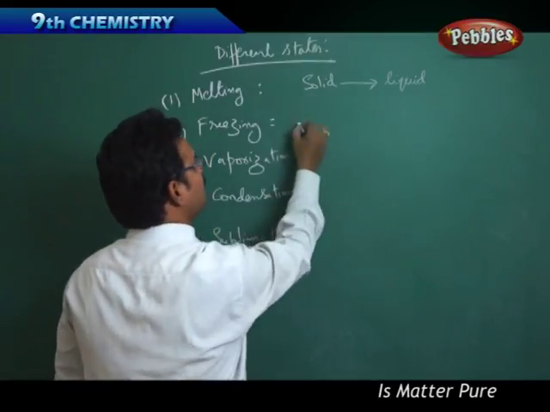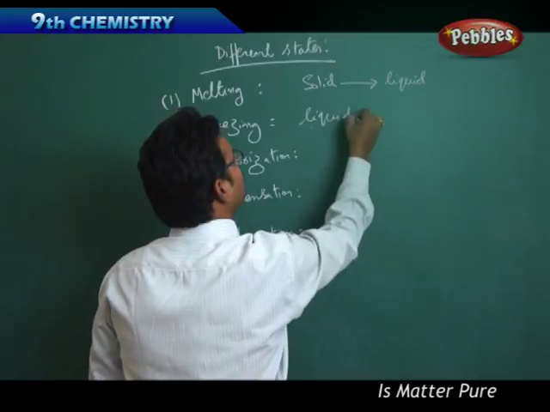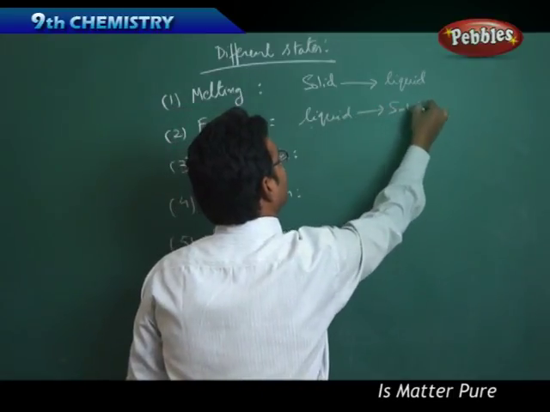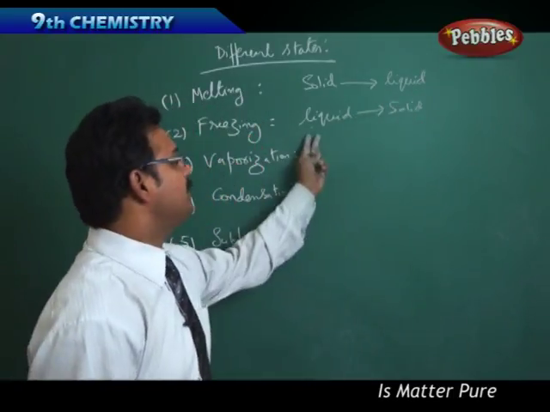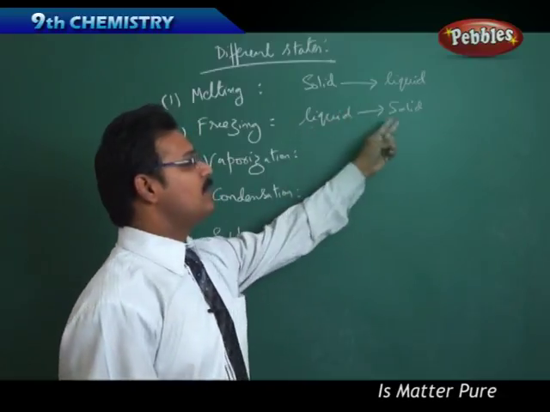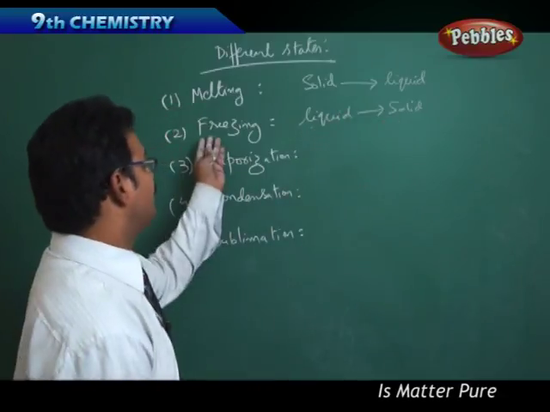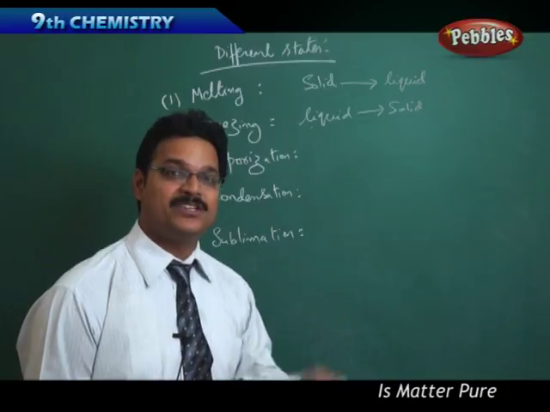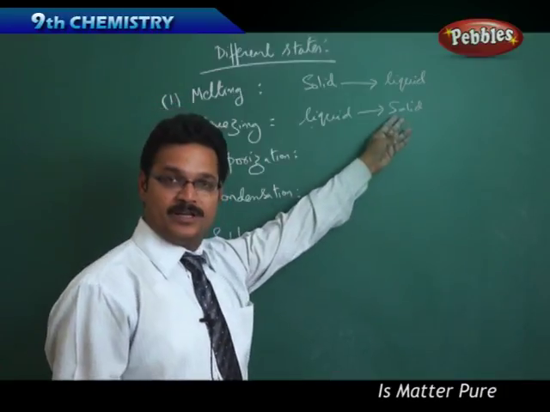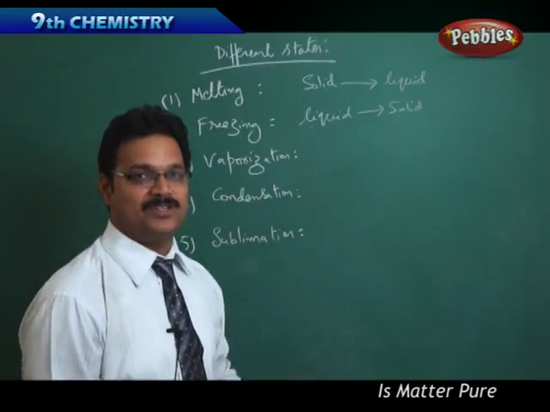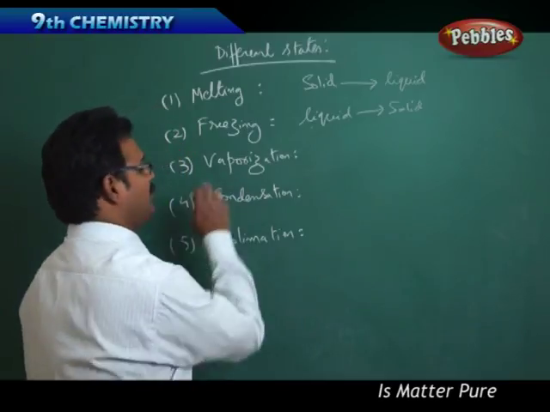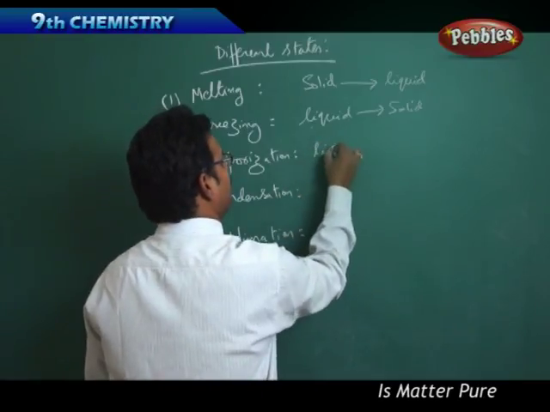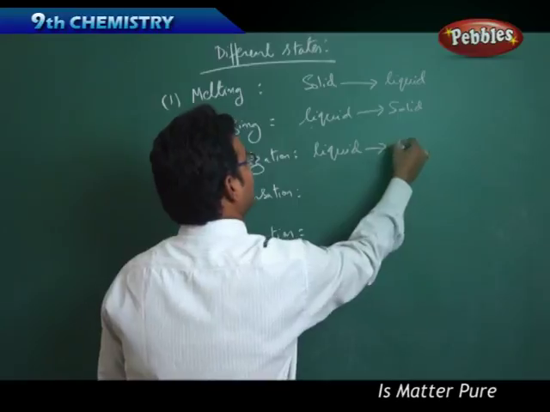Freezing is the reverse process: liquid to solid. Water to ice. This freezing is also called solidification because you're changing to solid. Vaporization is nothing but liquid state to gaseous state.